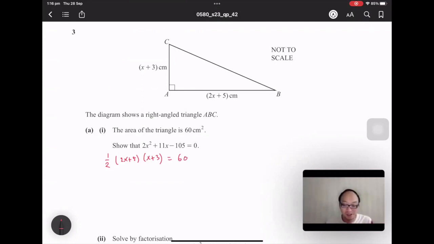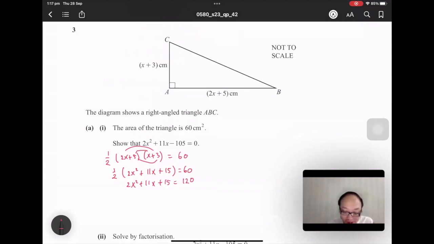So this is equals to half times x squared plus 6x plus 5 plus 11x plus 15. So I multiplied by 2 to x squared plus 11x plus 15 equals to 120.